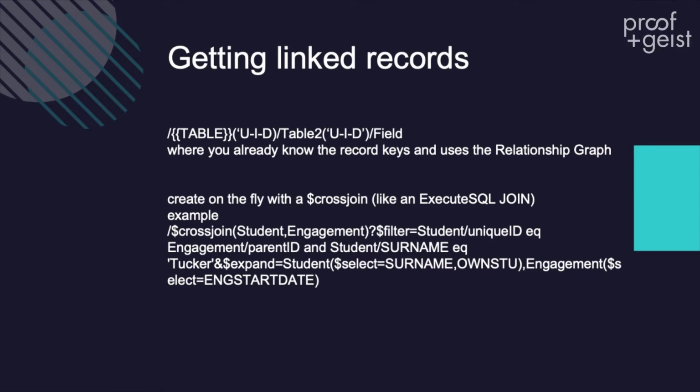And where the student's surname is something, in this case Tucker. And then I'm going to use the expand command here. And so what I'd like back is, from the student table, please select me the surname and the own student ID for that student, but also from the engagement table, find me the engagement start date. So give me a list of people called Tucker and return to me their surname, their student ID, and the date we think they're starting.